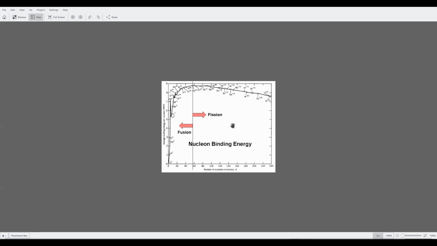But the released energy is the energy that is binding the particles together. You need to give the nuclei this energy to split again the four particles into four separated nucleons.